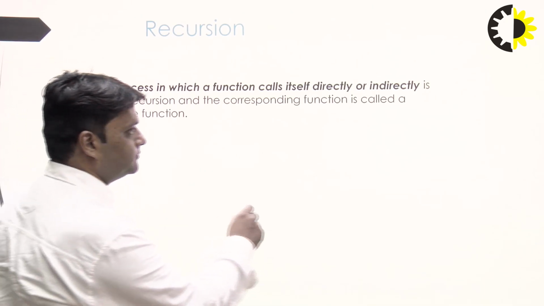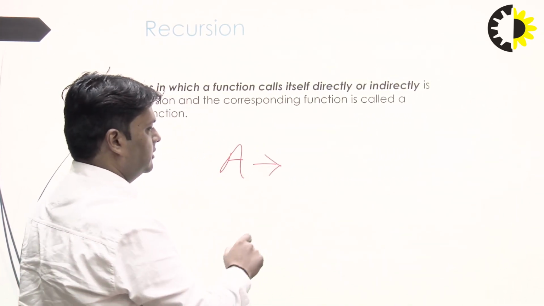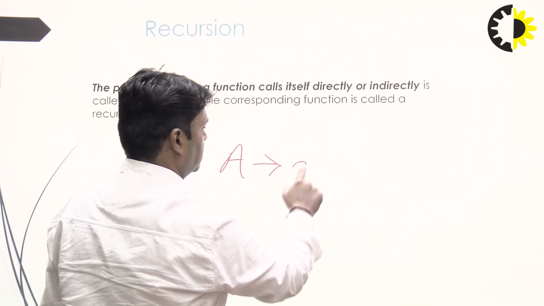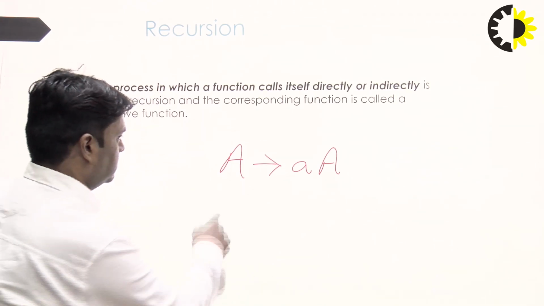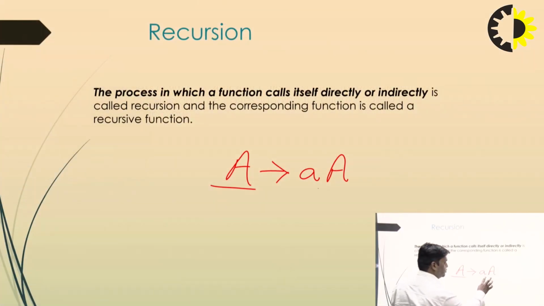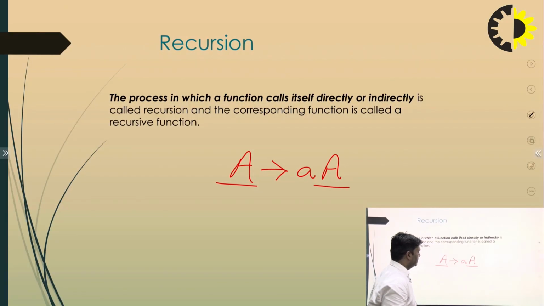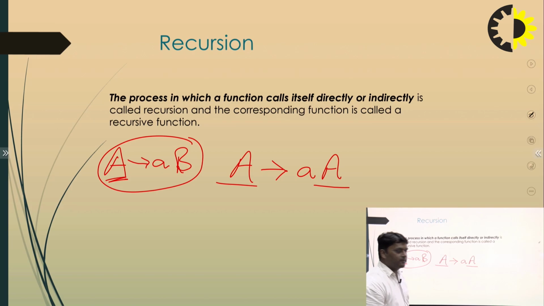For example, if a language is A implies A, where the symbol on the left hand side is also used on the right hand side, then the grammar is known as recursive. If the grammar is written as A implies ab, then there is no recursion, because the function does not call itself.